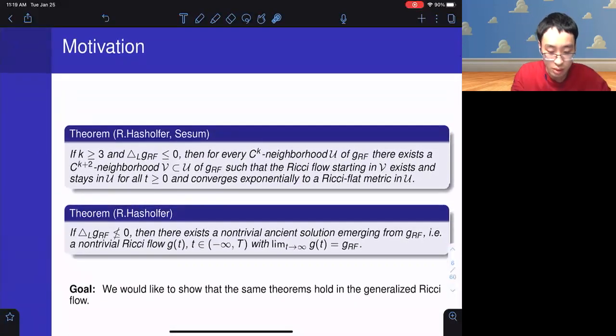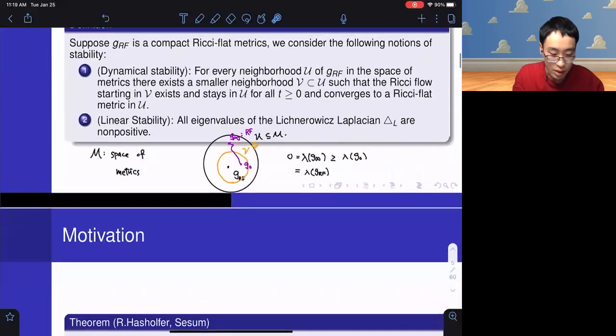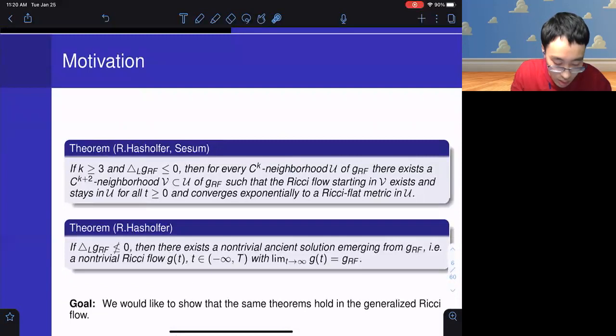But the question is, can we say that linear stability will imply dynamical stability? This is the main question. Here, Haslhofer and Müller prove that this is actually true.